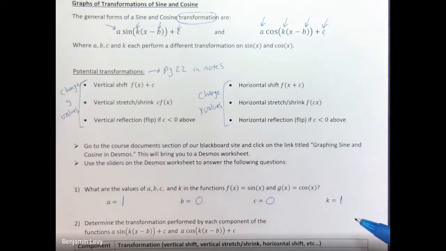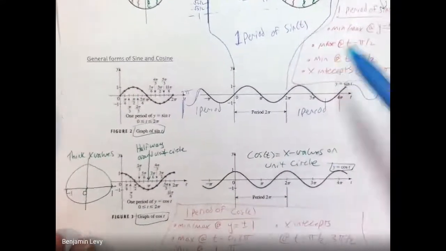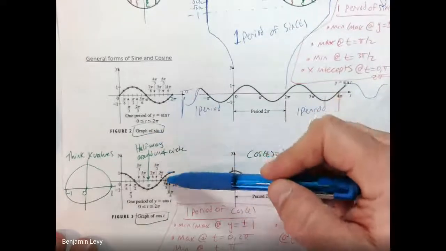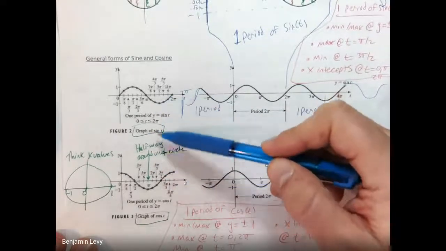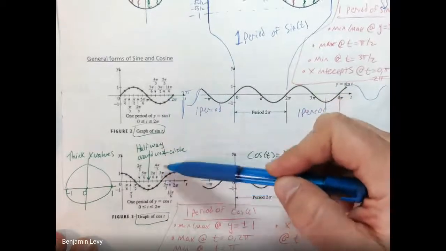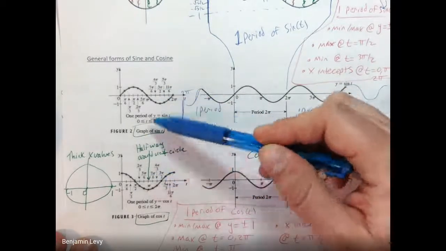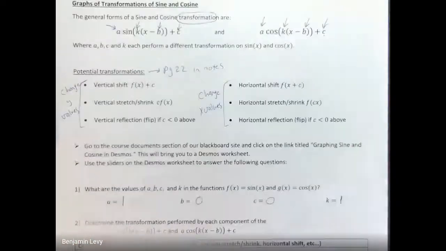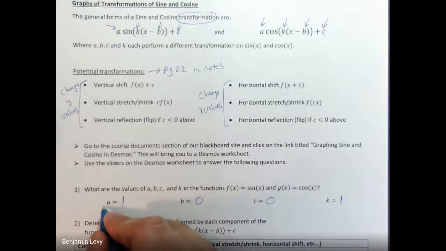So in other words, in the pictures I showed a minute ago, these images right here, in these two graphs, A is 1, B is 0, C is 0, K is 1. Okay, and when we change those, it stretches or shrinks or moves those graphs around. So let me just write that down right here. So what I'm saying here is these are the baseline values.